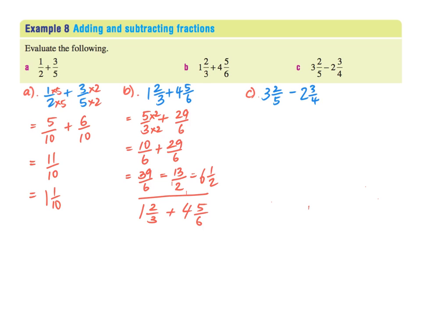So we're going to actually do that. So 3 and 6, so we're going to multiply this fraction here by 2. So this is 1 and 4/6 plus 4 and 5/6. So here, if we go ahead and just add that straight away, 1 and 4 is 5, and 4 plus 5 is 9 on 6.